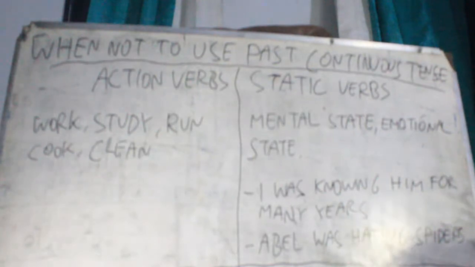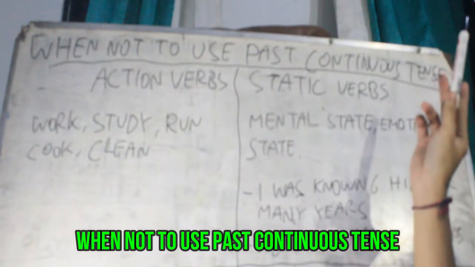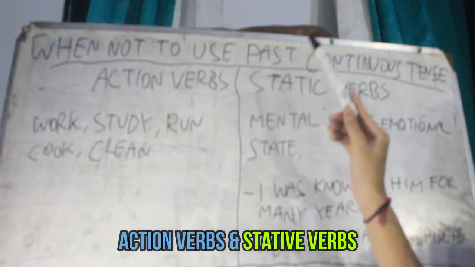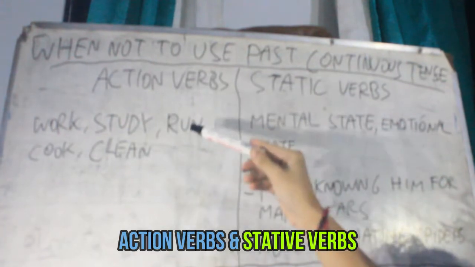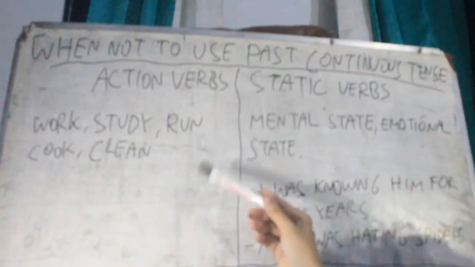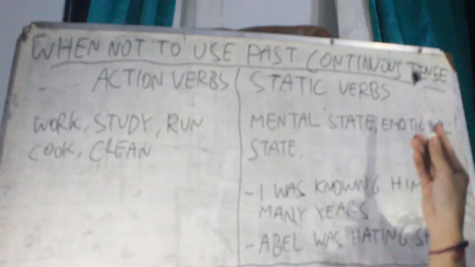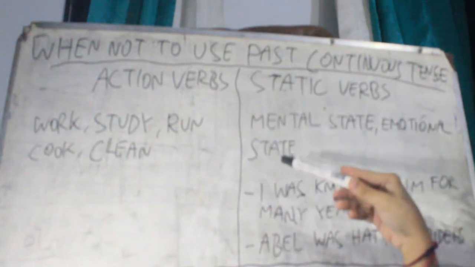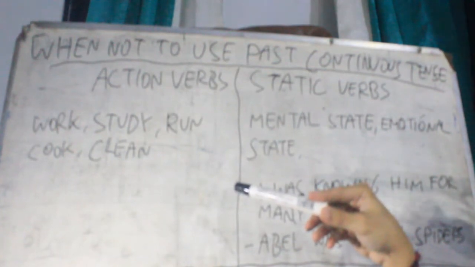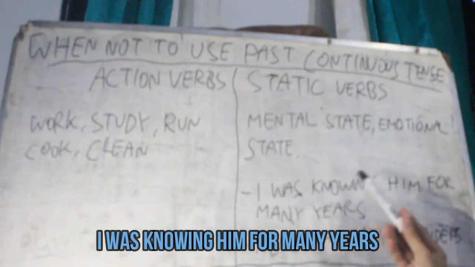Okay, next we will learn about when not to use past continuous tense. Remember, we have two kinds of verbs: action verbs and static verbs. Action verbs, for example, are work, study, run, cook, clean, etc. Static verbs are all about mental states, emotional states, and so on. Let's look at an example like this: "I was knowing him for many years."